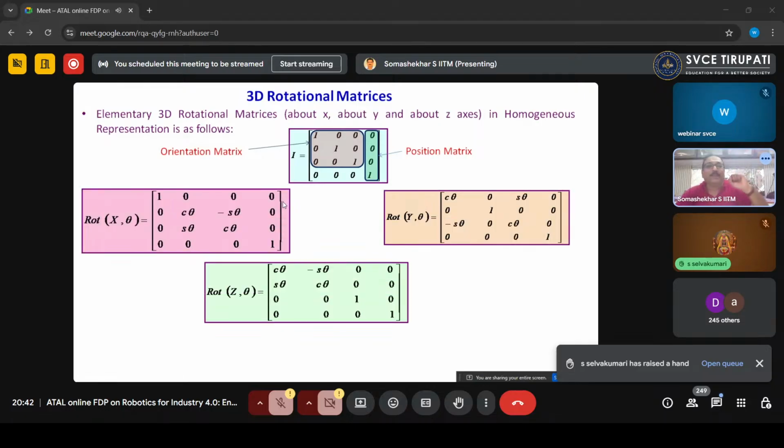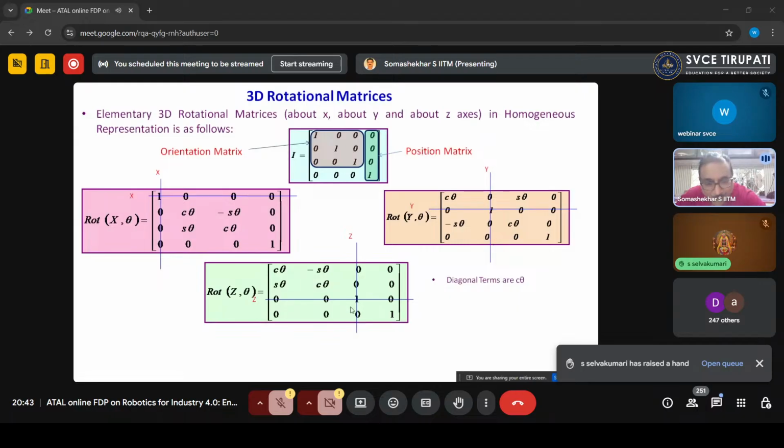Now I am writing the rotation matrices along X, Y, Z. It is very easy to remember. I am filling only the 3x3 matrix of cos and sin. When filling the x-axis, draw one line and don't fill anything in it. For y, draw a second line and don't fill anything.